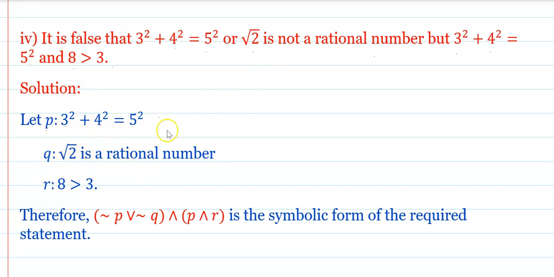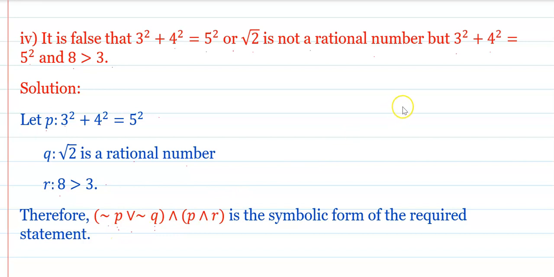Q means root 2 is a rational number, and the third statement R is 8 is greater than 3. Now here it is false, that means what? Negation comes there, negation of P. Then or root 2 is not a rational number means what? Negation of Q comes there.